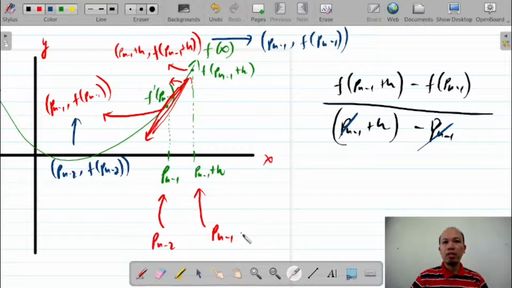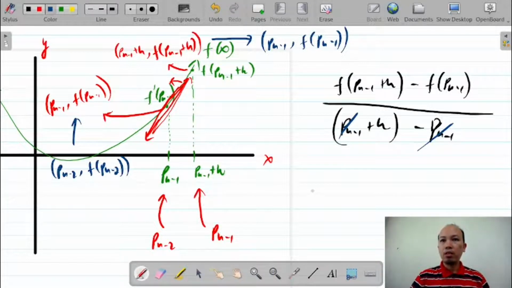Since h is really hard to evaluate or to get, just like getting this slope, you will use this one here. So the ordinate of this point minus the ordinate of this point, and the abscissa of this point minus the abscissa of this point is what we have in the formula.